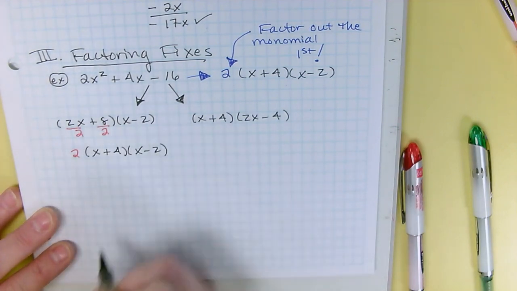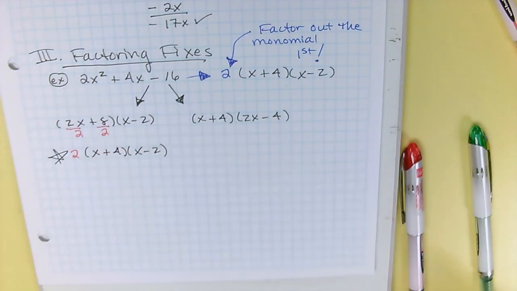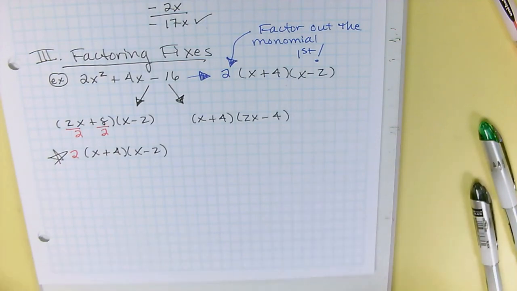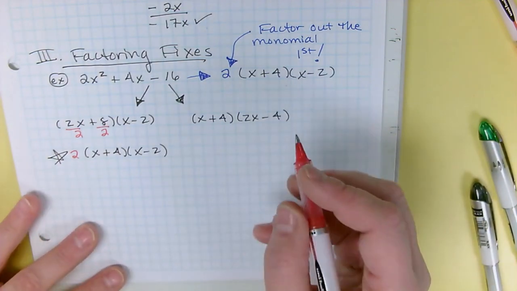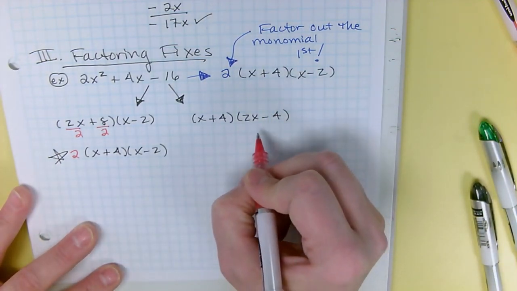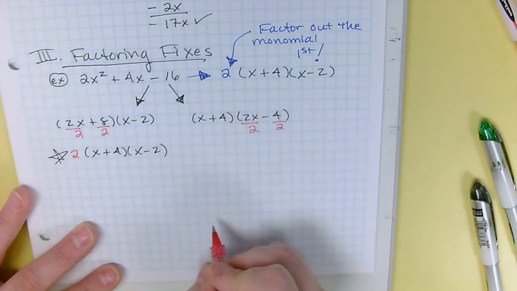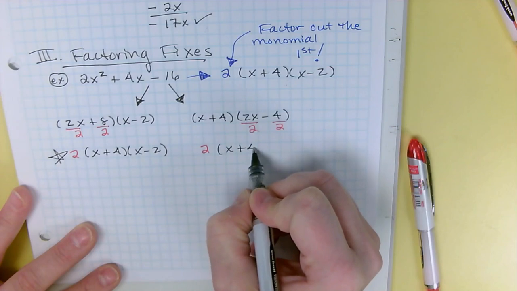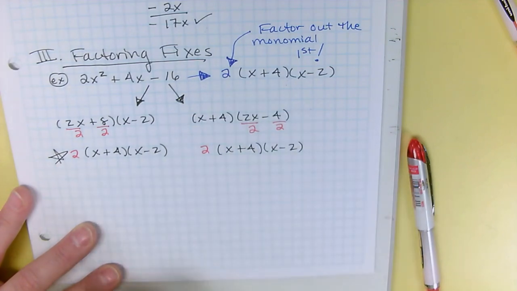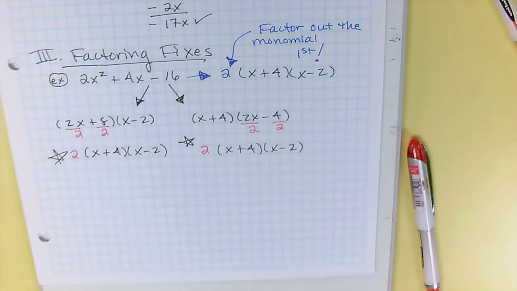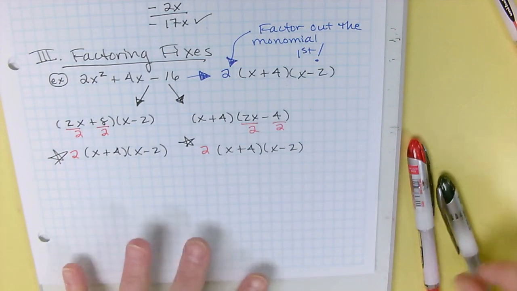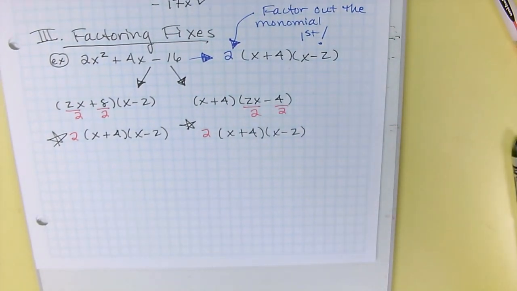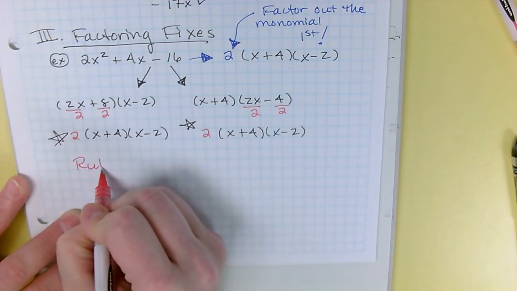Of course, the x minus 2 didn't change, but now you have the correct factorization. You've fixed it. Same thing with this second one. The 2 has reappeared in the second pair. So divide them by 2, put it in the front, and you're left with x plus 4 times x minus 2. Again, now it is correctly factored. So that's how you fix it if you forgot to divide something out.